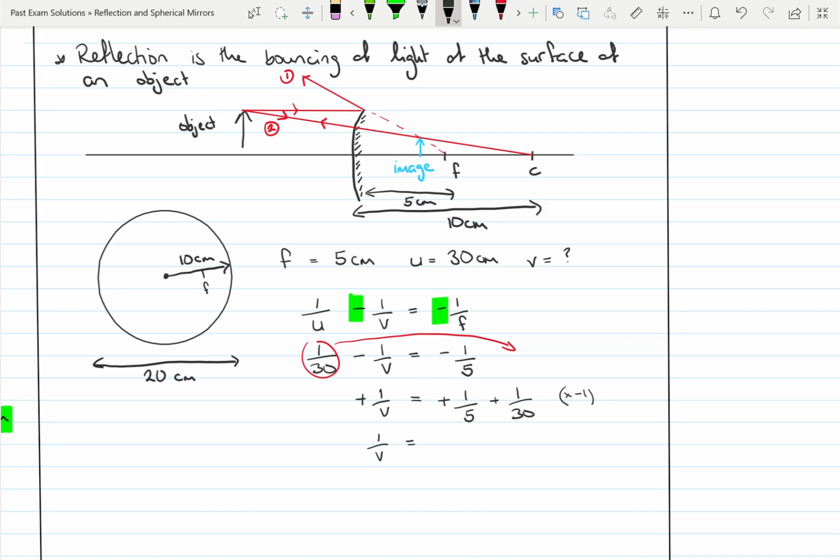1 over V is equals to, grab your calculator, 1 over 5 plus 1 over 30 becomes 7 over 30. Last step, flip your fraction around. If you flip it on one side, you must flip it on the other side, and you get that V is equals to 30 over 7.